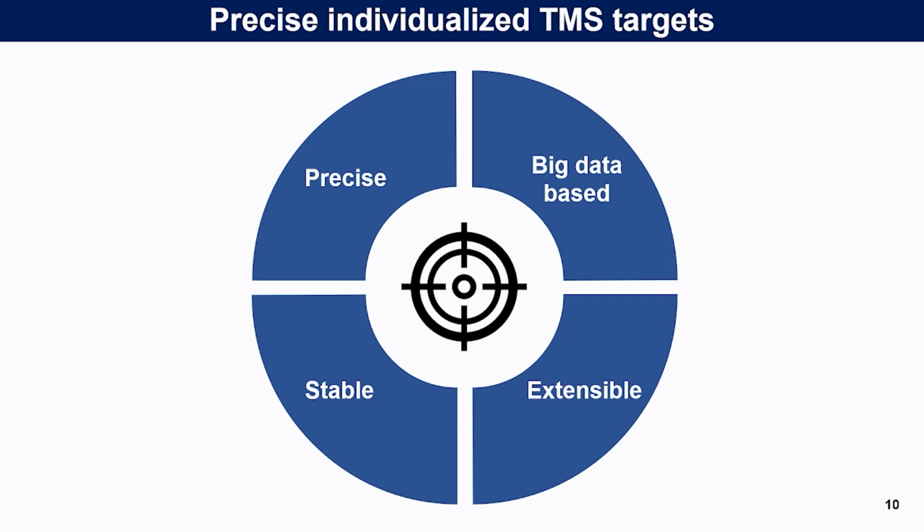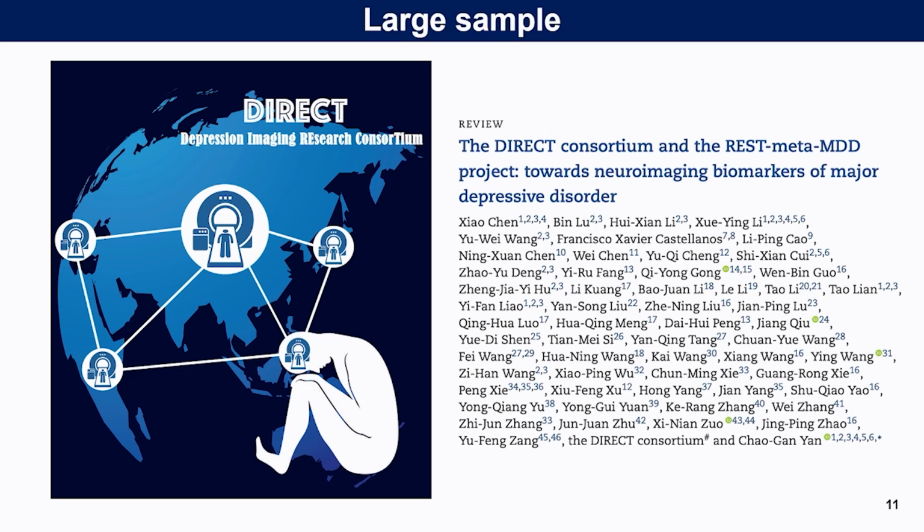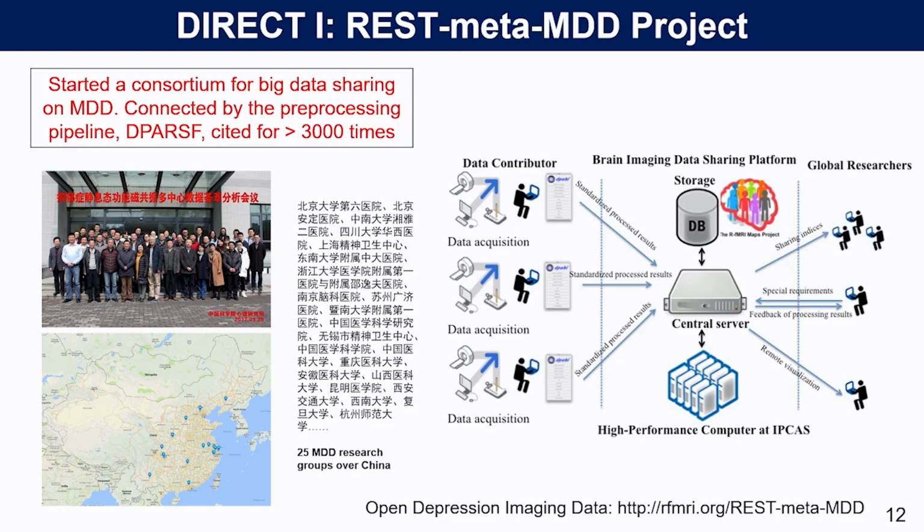On the other hand, we have pretty large big data of depressed patients' brain imaging. Can we use big data of depression imaging to guide or to weight the individualized data to make a more extensible TMS algorithm? Leveraging our depression imaging research consortium, we have accumulated pretty large data in our phase 1.